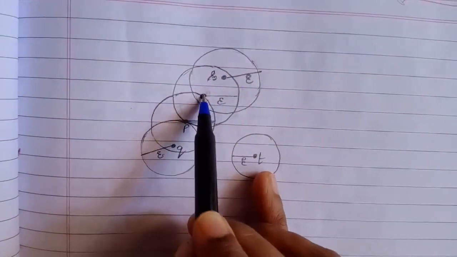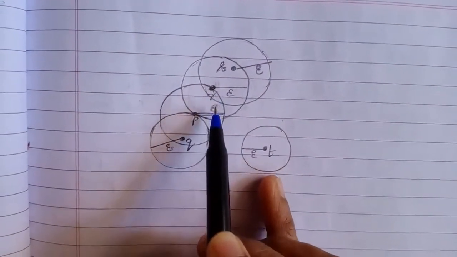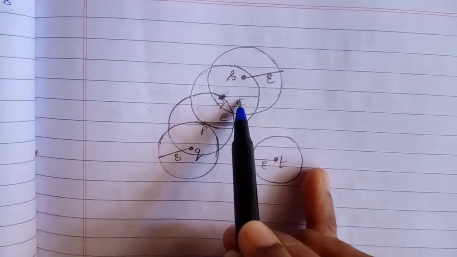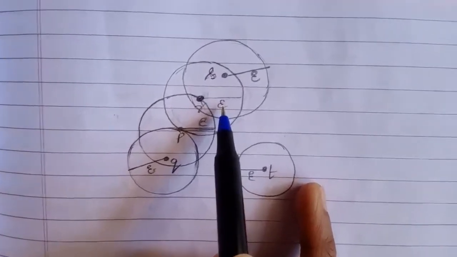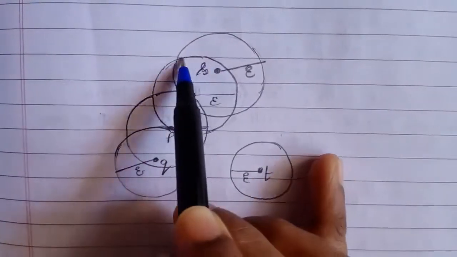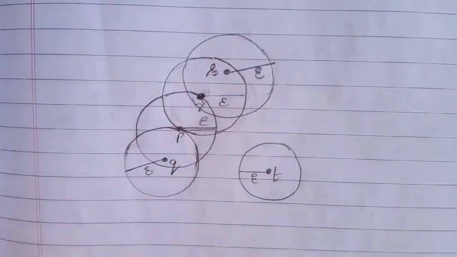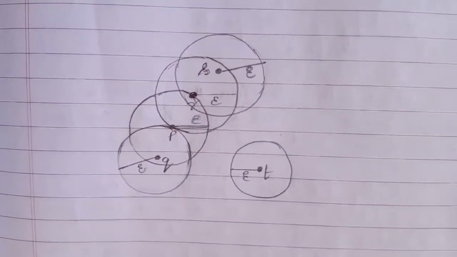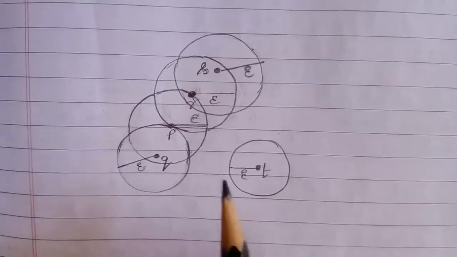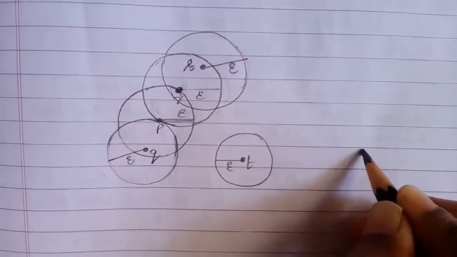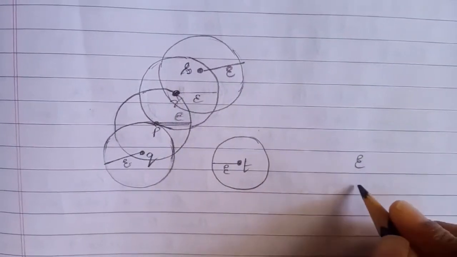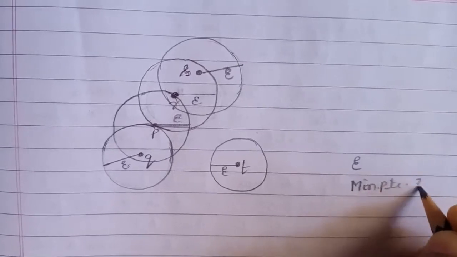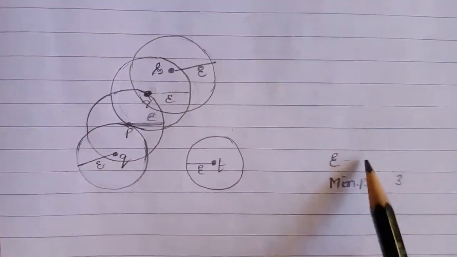Now I am considering this point, which is R, and I have drawn a circle with epsilon. Epsilon is the radius, as I told you. I have already told you there are two inputs for this algorithm: one is the radius, the other one is minimum points. Suppose epsilon is 1.5 centimeters and we consider minimum points as 3.